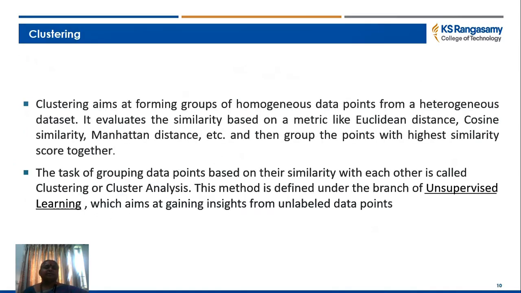The next topic is clustering. Clustering aims at forming groups of homogeneous data points from a heterogeneous data set. It evaluates the similarity based on a metric like Euclidean distance, cosine similarity, or Manhattan distance, and then groups the points with the highest similarity score together. The task of grouping data points based on their similarity with each other is called clustering or cluster analysis.